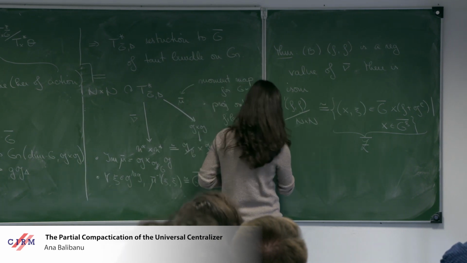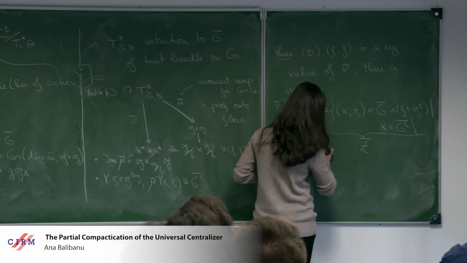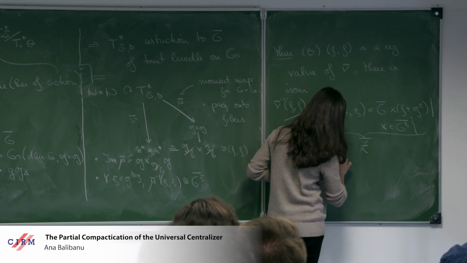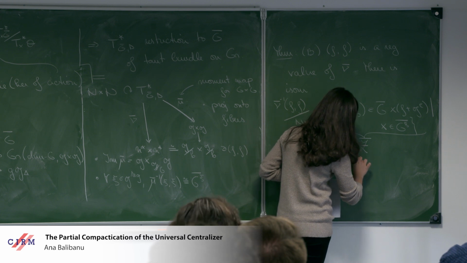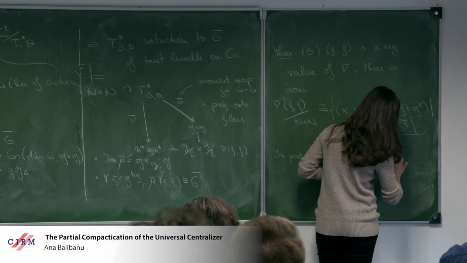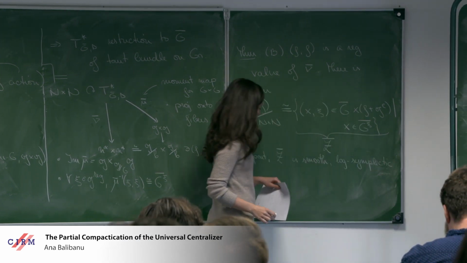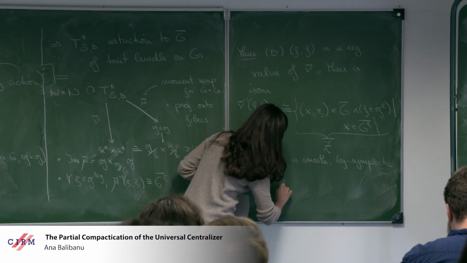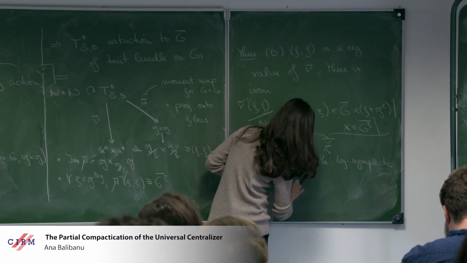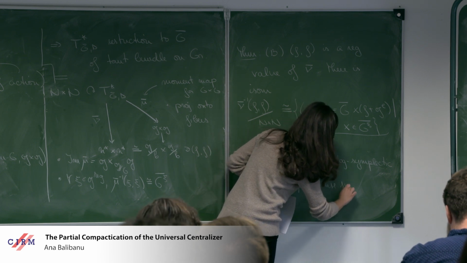So in particular, this partial compactification is smooth, and it has a natural log-symplectic structure that is extending the symplectic structure on the universal centralizer Z, which is the open dense symplectic leaf.